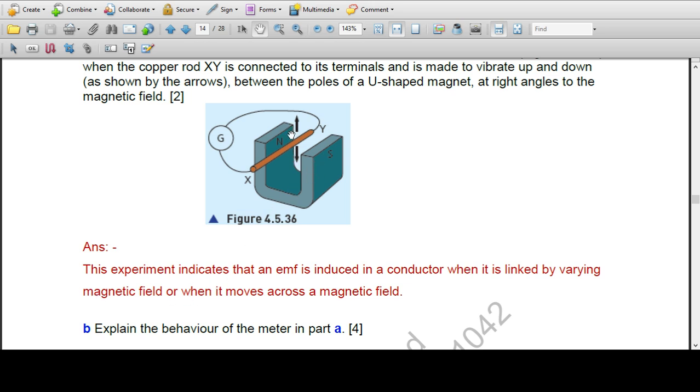We are creating mechanical motion, up and down, and as a result the EMF may be induced when it is linked by varying magnetic field or when it moves across the magnetic field. So as a result of this relative motion, a varying magnetic field appears across this bar, so EMF will be induced.